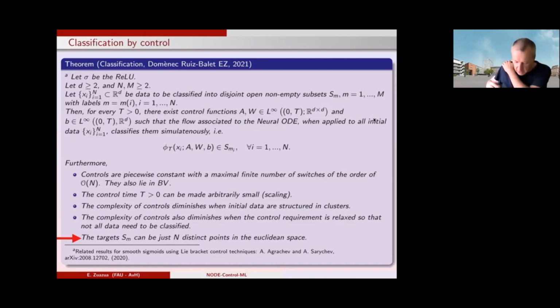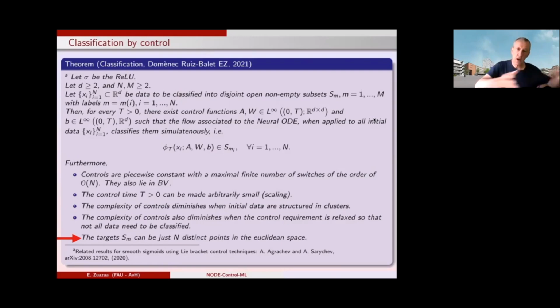Well, such a result is fundamental to know that you can achieve full classification. What this result is telling you is that maybe it's very expensive. Maybe it will take many, many switches. Maybe it will take a large norm, but you can always achieve classification.